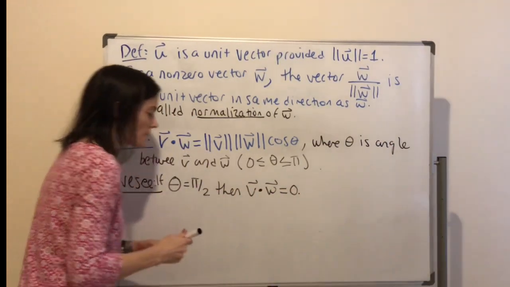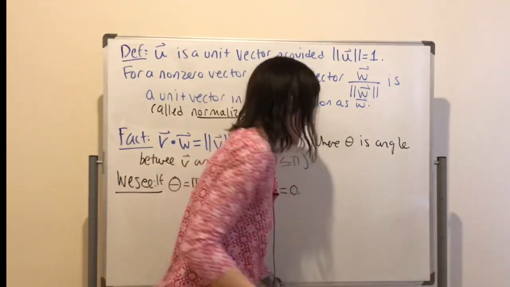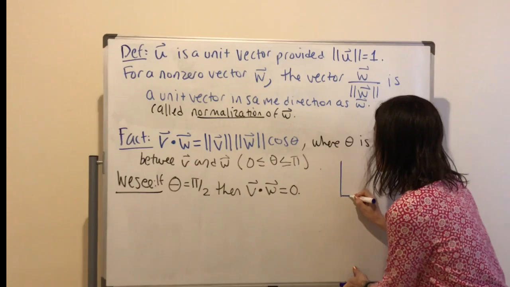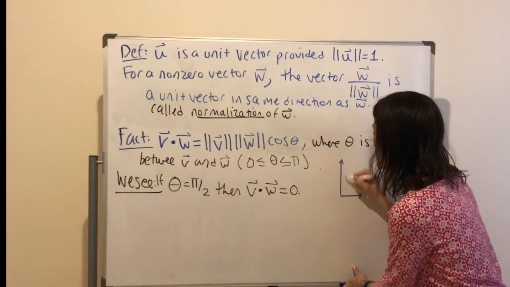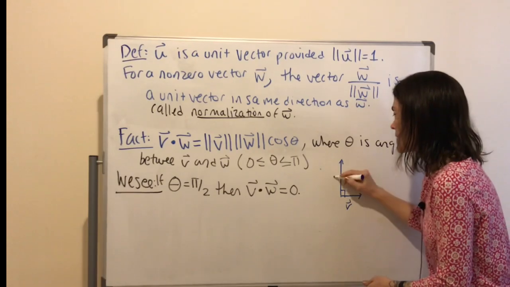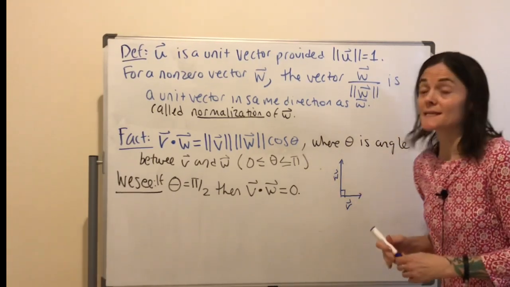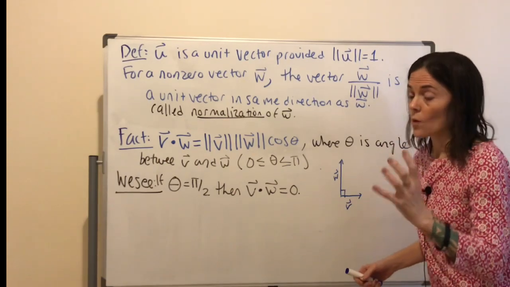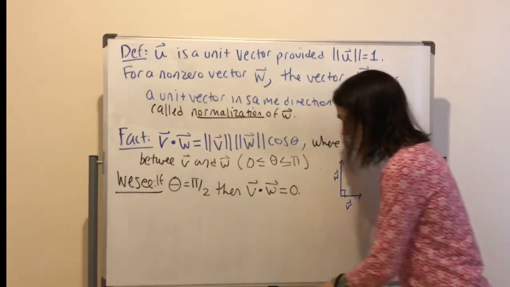And a picture of this, well, what do vectors look like that have angle pi over 2? It's like this. So maybe here's V and here is W. And this is the definition of two vectors being perpendicular, or another way to say it is orthogonal.